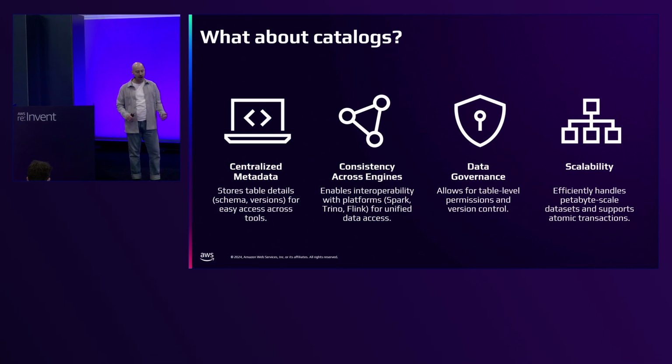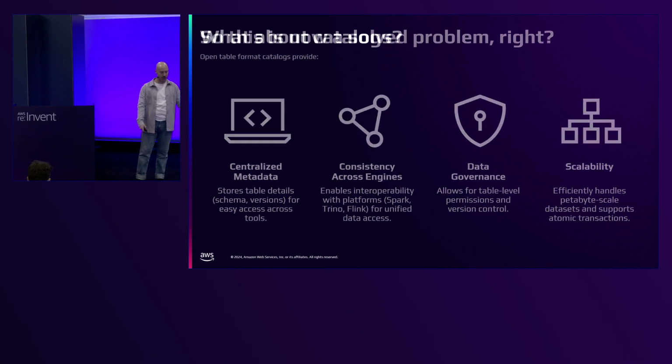And so they allow for table level permissions, and some of the catalogs, for instance Nessie, which is an extension to Iceberg REST catalog from Dremio, allow for version control, which is pretty cool. And scalability, it's part of the actual query plan. So the catalogs can't be latent to respond with the metadata.